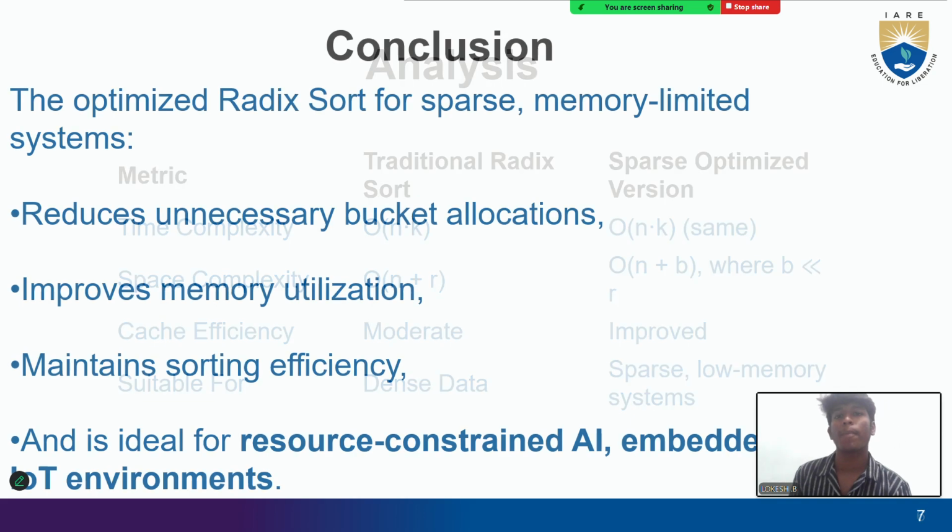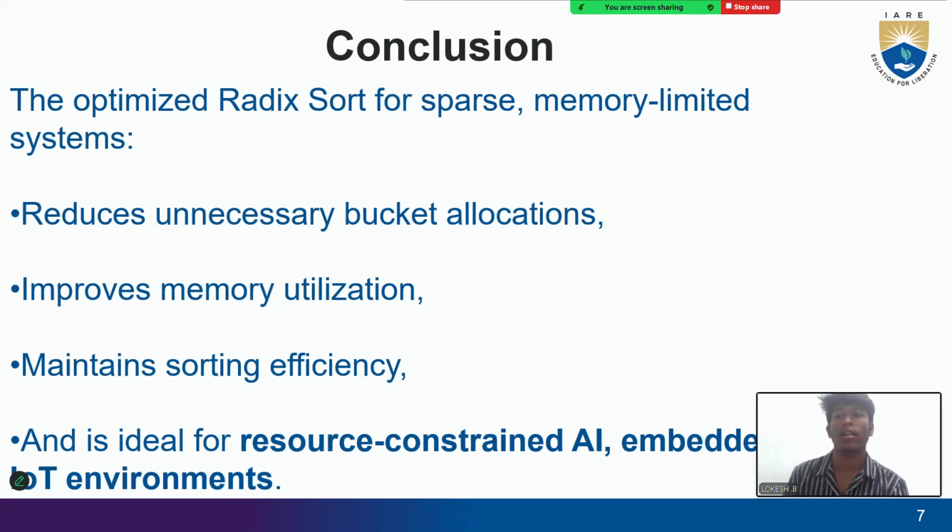So we can conclude that the optimized radix sort is for sparse, memory limited systems. It reduces unnecessary bucket allocations, improves memory utilization, maintains sorting efficiency, and is ideal for resource constrained AI, embedded and IoT environments.